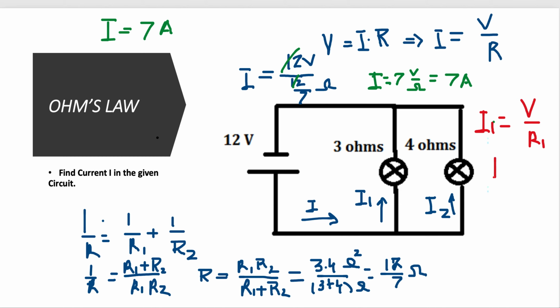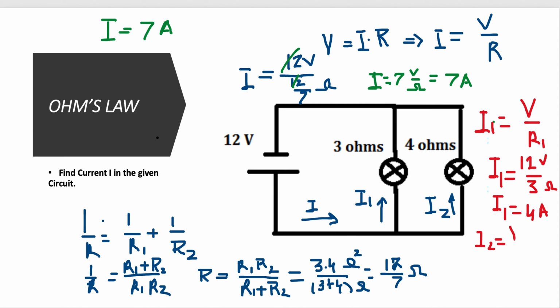The voltage here is 12 volts divided by 3 ohm. So this is going to be equal to 4 ampere. So I1 is 4 ampere. And we are taking, for example, I2. I2 is going to be equal to the voltage divided by resistance R2.